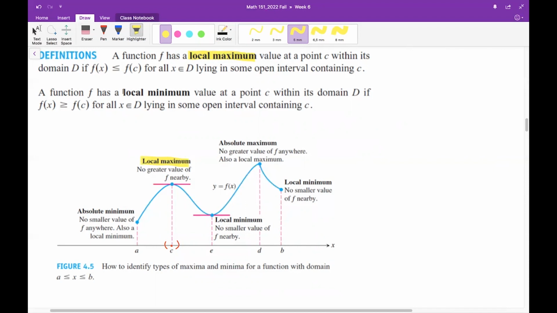And for the local minimum, again, you search locally. Searching locally means that you just look at the neighborhood of that point. Okay, you are not looking at the whole domain, but just the neighborhood of it. And over this neighborhood, you see that this is the smallest value. There is no smaller value than this one, so you can call it a local minimum. Similarly for the point d, for example, this is locally the biggest value.